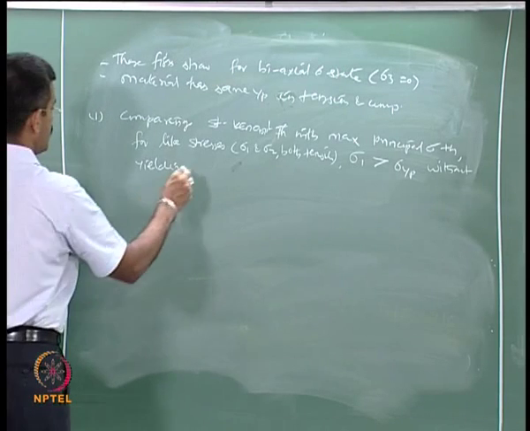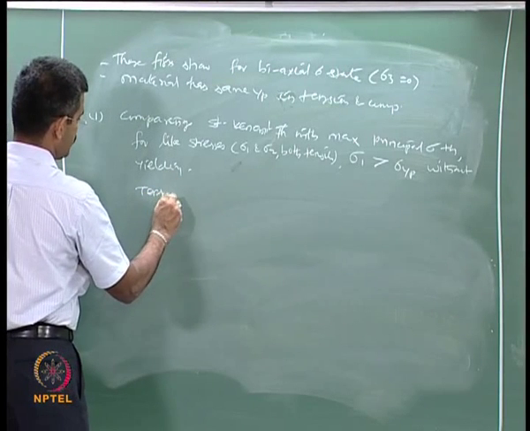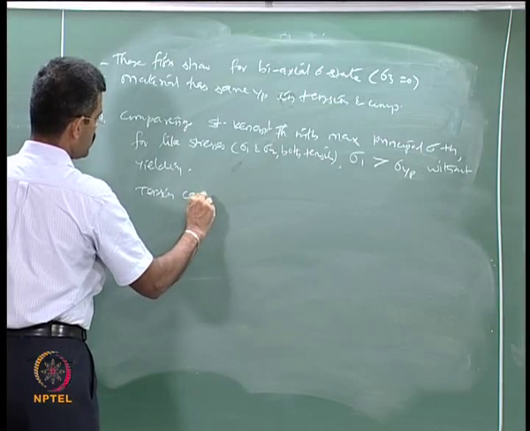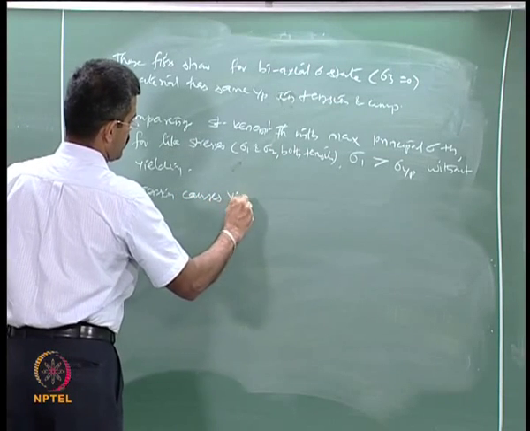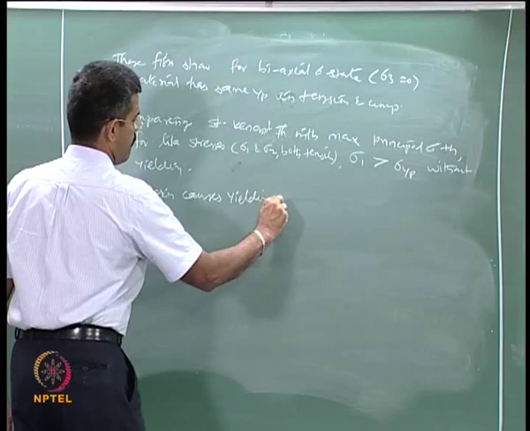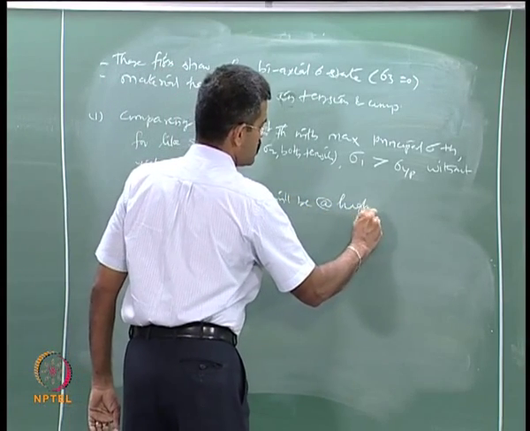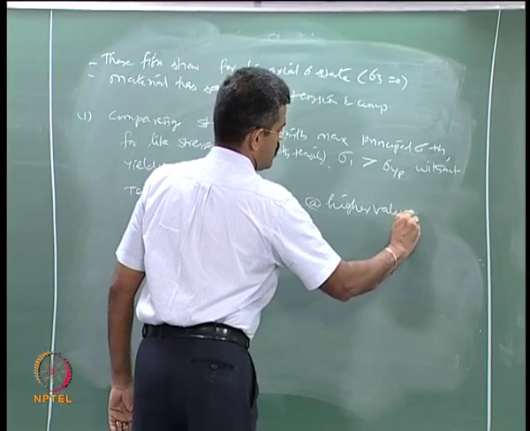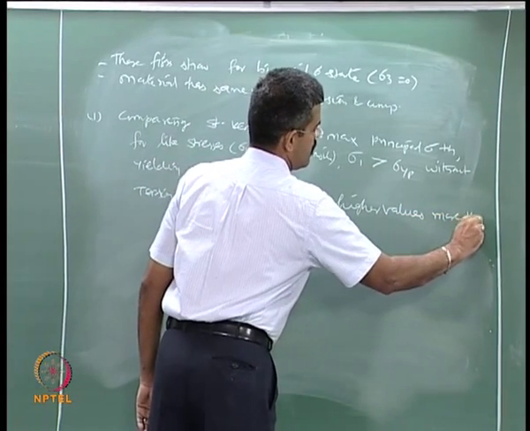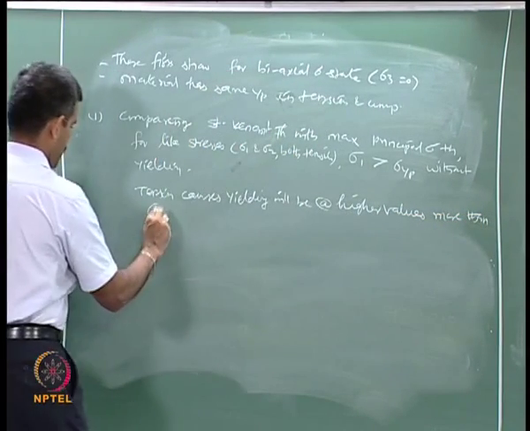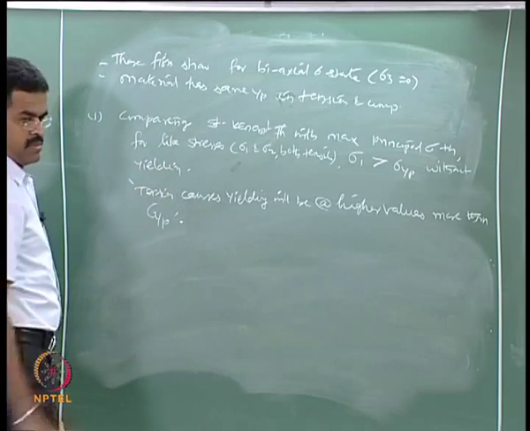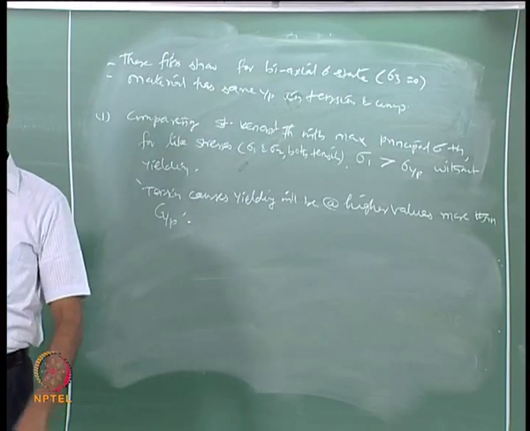Tension causes yielding will be at higher values, more than sigma y. That is what the statement is. Okay. Tension will be more than sigma yp.